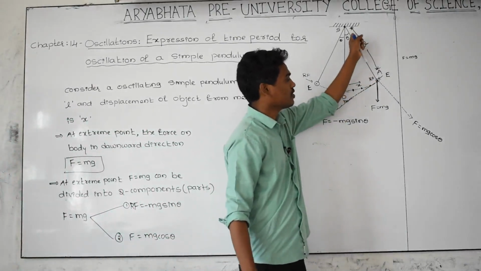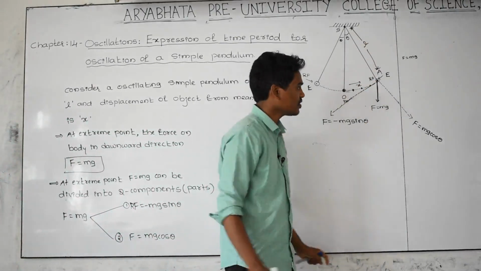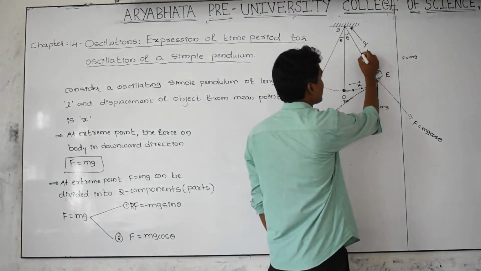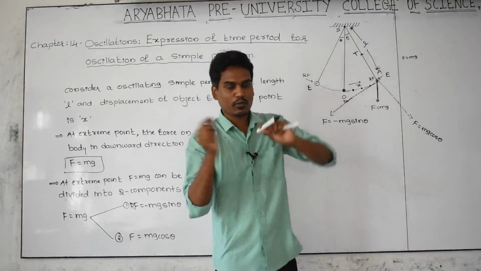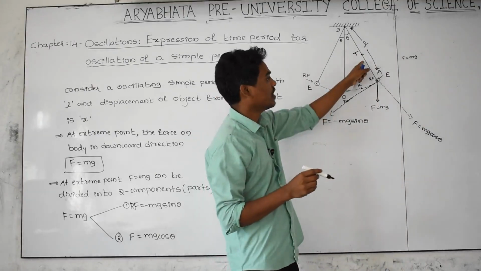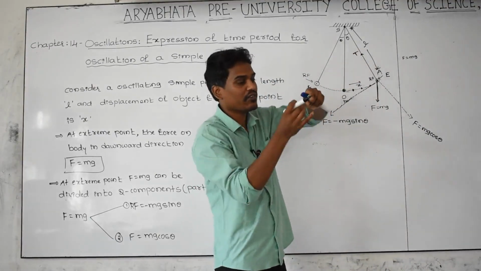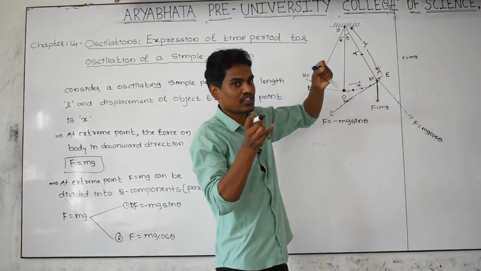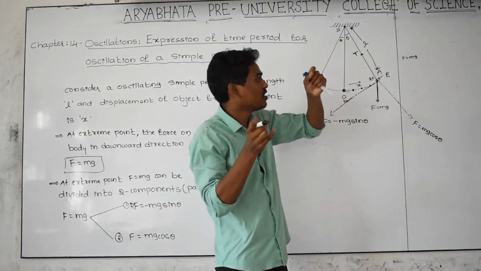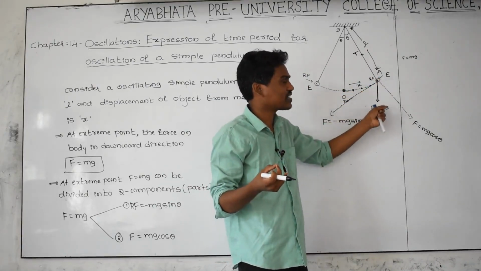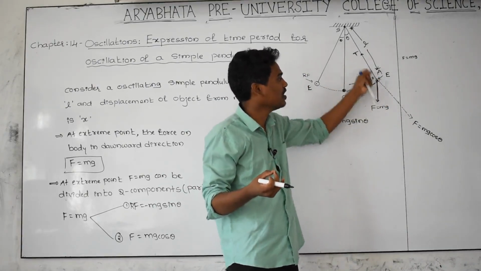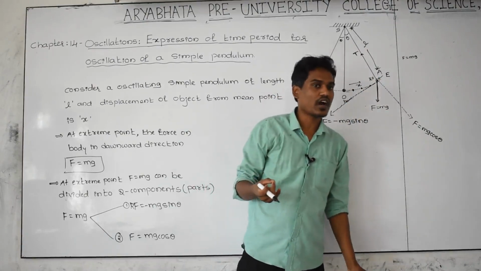This is along the length of the thread, indicating tension in the thread, the tensional force. Whenever the body is oscillating, the thread becomes tight, it becomes stretched. What is the reason? Whatever force is acting in the downward direction, the same force is acting along the length of the thread.